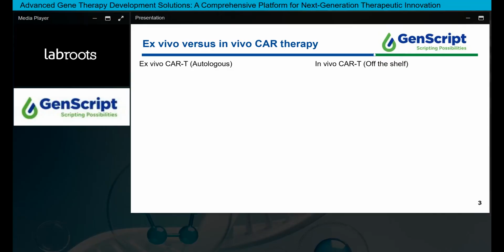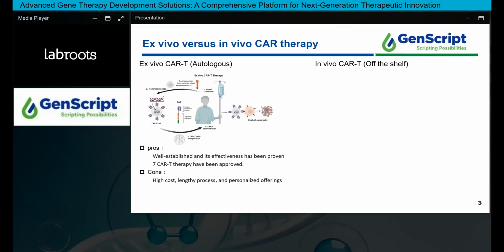Today, the field of CAR T cell therapy is advancing on 2 distinct fronts. The first is the well-established ex vivo method. This is an autologous process, meaning it uses the patient's own cells, by collecting their T cells, activating, and engineering them in the lab.